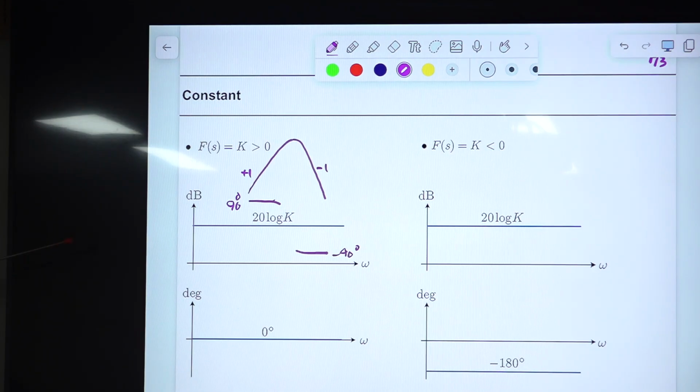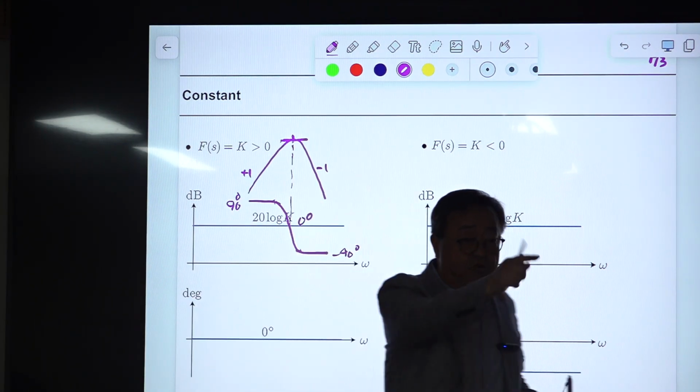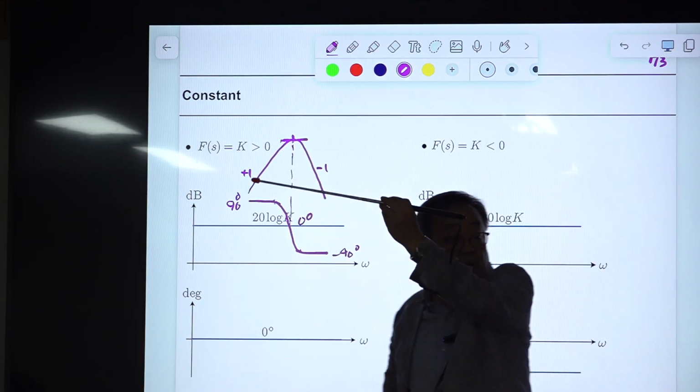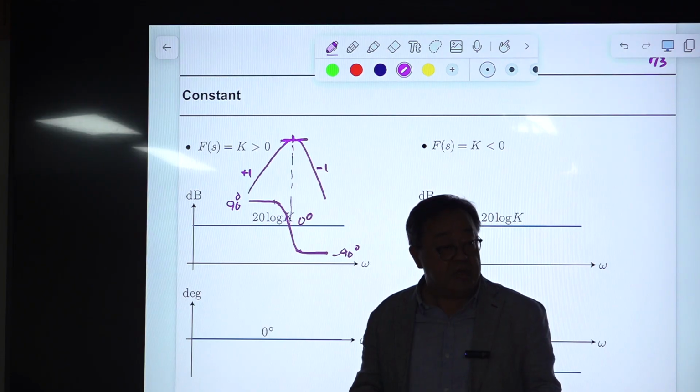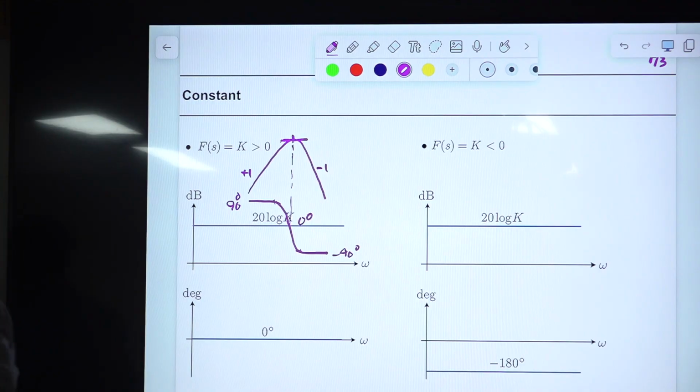Then what happens in the middle? It must go down, and at the frequency where the frequency response reaches the peak value, the phase should be 0. The phase of a horizontal line is 0. If you have some complicated frequency response, at each peak of these waveforms the phase should be 0. That is also important, and this is useful for the analysis.